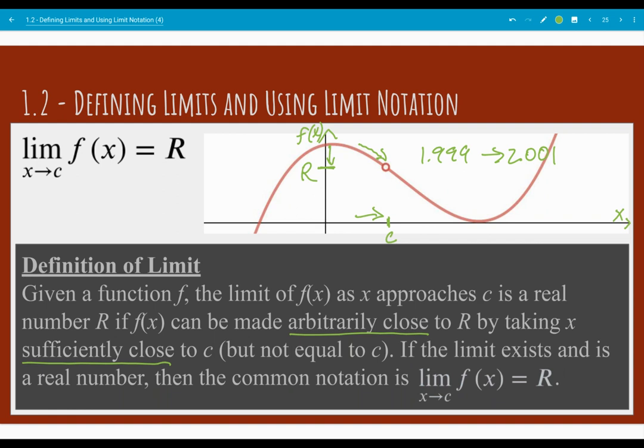What I can do then is choose a value for c. As long as I get within a certain range of c, it might be a small range, it might be a bigger range depending on the function itself, then I can get values of f of x that are between these two values here.